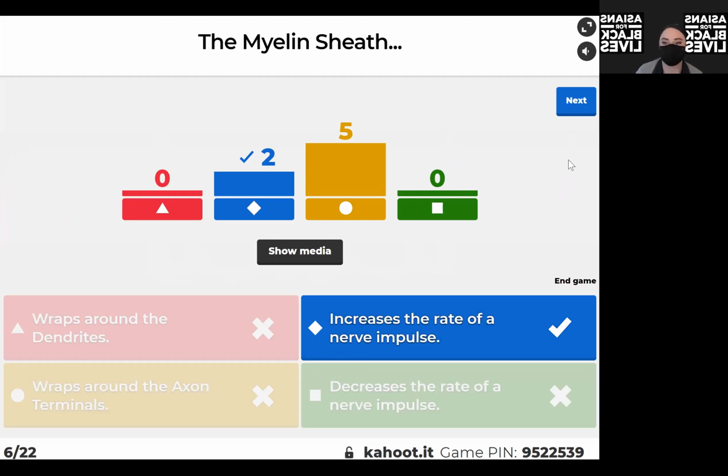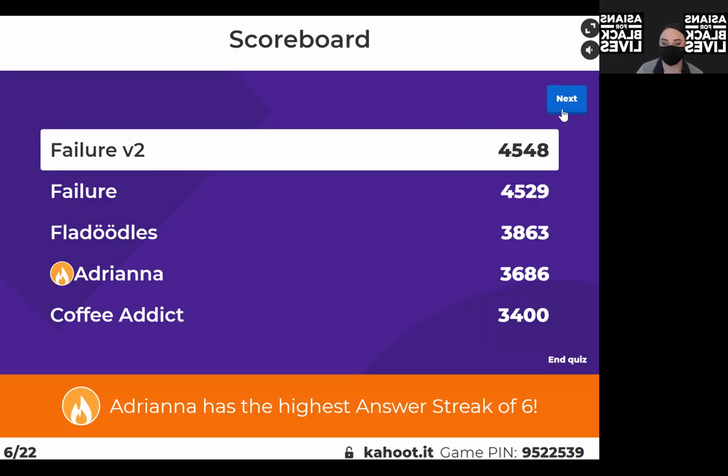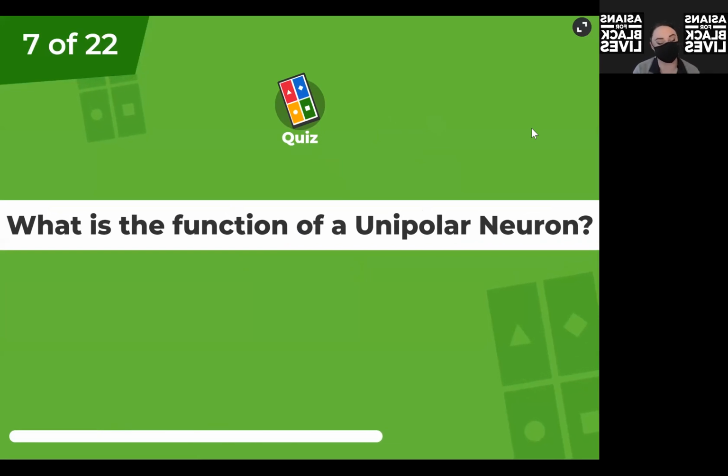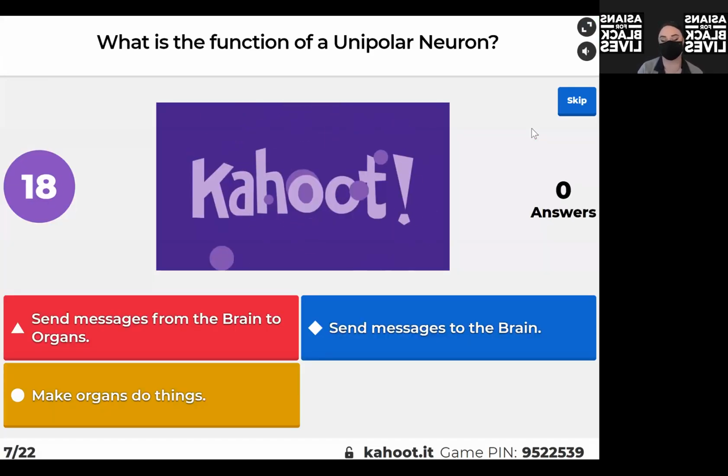Good. It increases the rate of a nerve impulse, and it doesn't wrap around the axon terminals, it wraps around the axon. What is the function of a unipolar neuron?